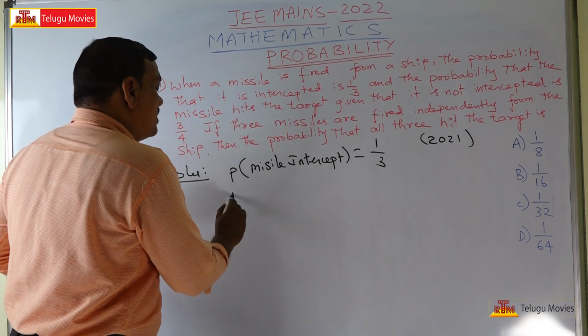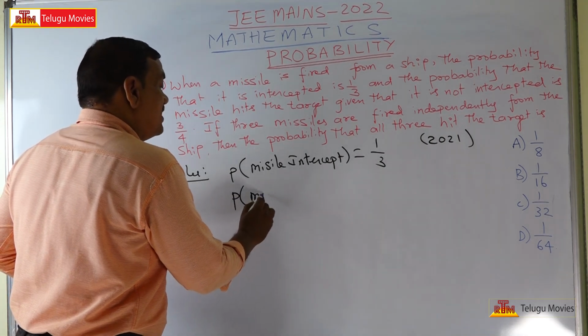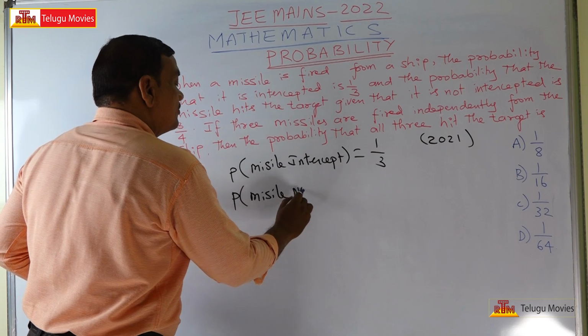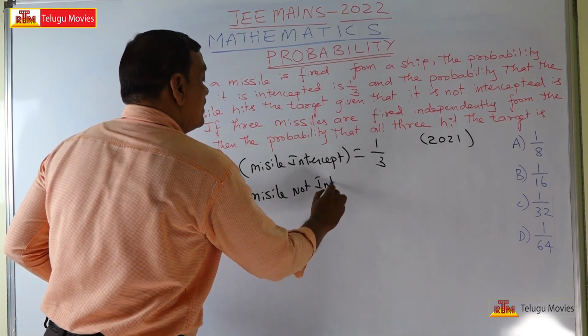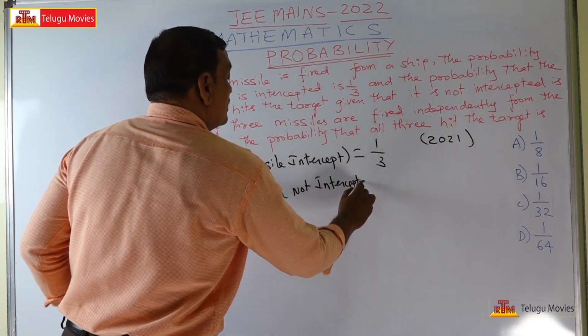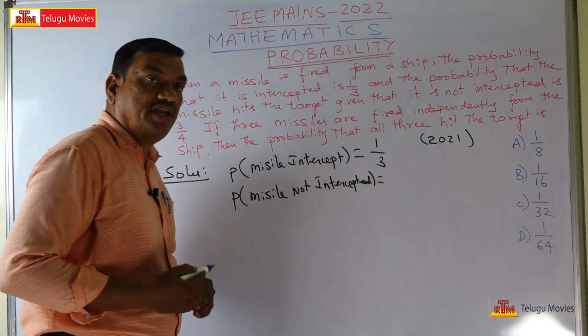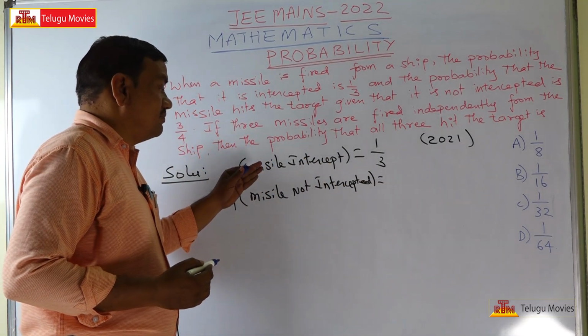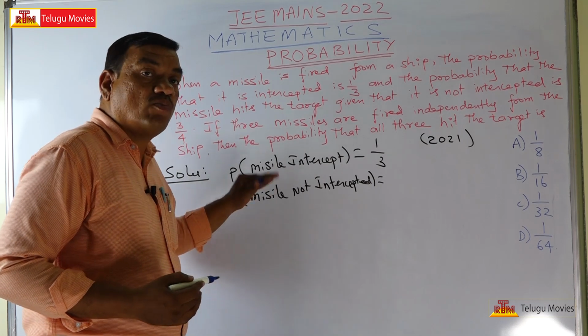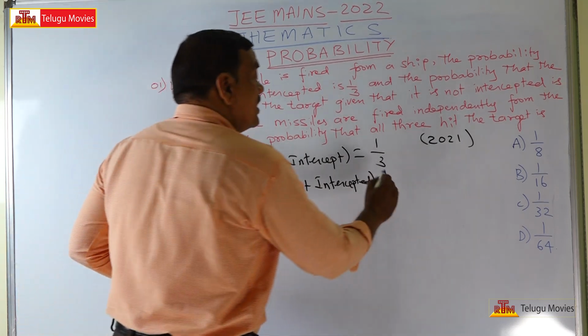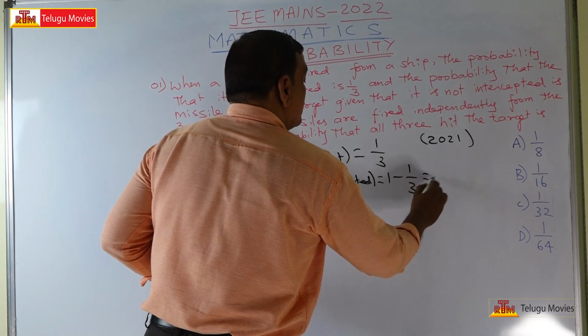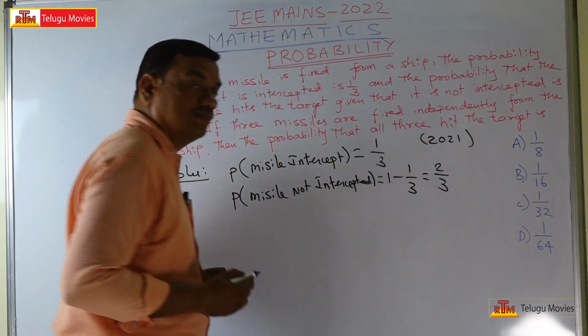Then what is the probability of the missile not being intercepted? As we know, this is a complementary event. The missile being intercepted and not intercepted are complementary events, so it is 1 minus 1/3, that is 2/3.